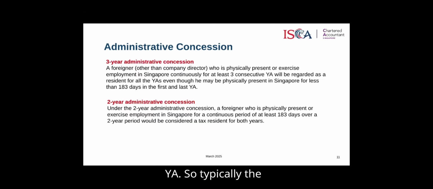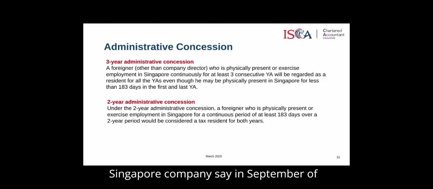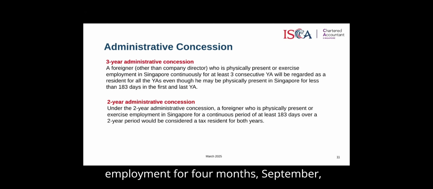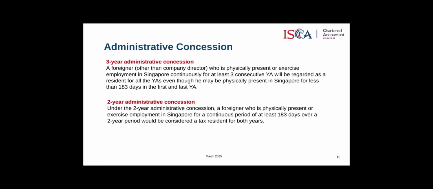So typically, the situation here is a foreigner starts an employment with a Singapore company, say in September 2023, and his employment lasts all the way until March 2025. From the perspective of the first year, which is 2023, he has only exercised employment for 4 months: September, October, November, December.